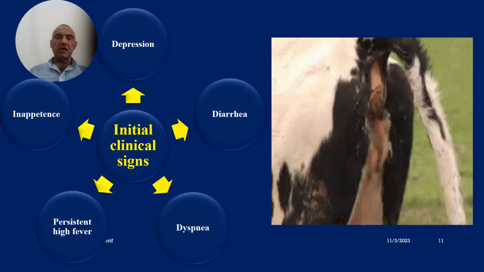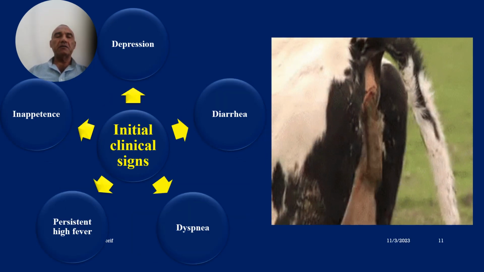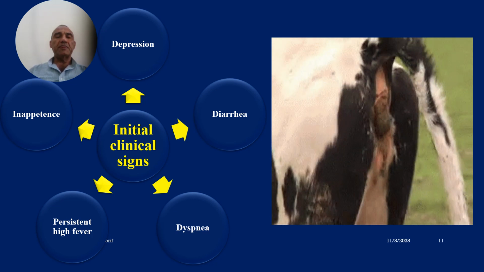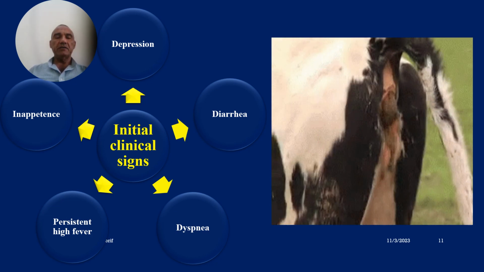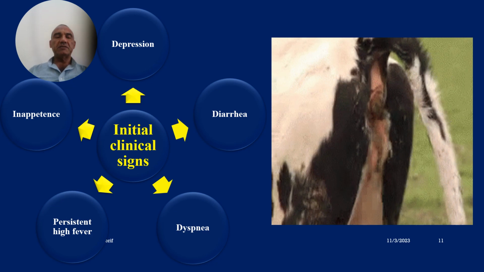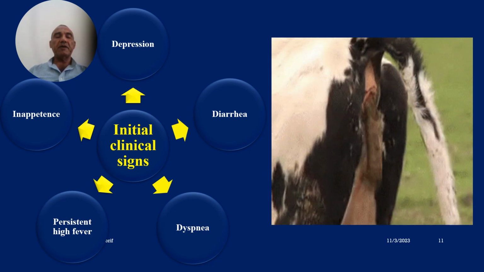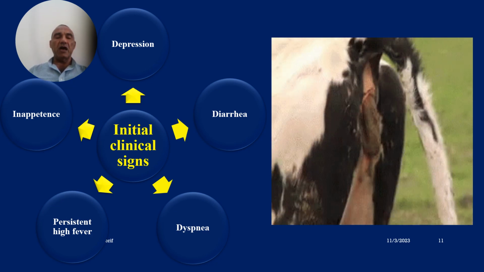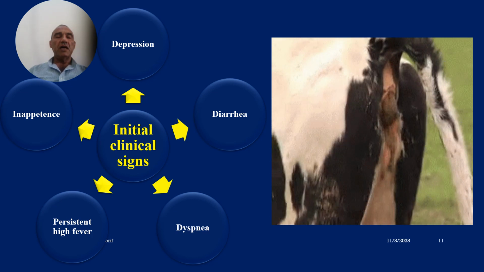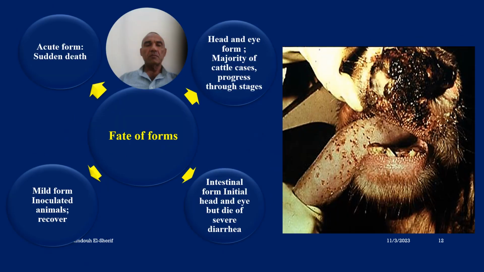Initial clinical signs are accompanied by fever with depression, diarrhea, dyspnea, persistent high fever from the beginning until the end of life of the animal, and inappetence. Fate of all forms: the peracute form ends by sudden death.